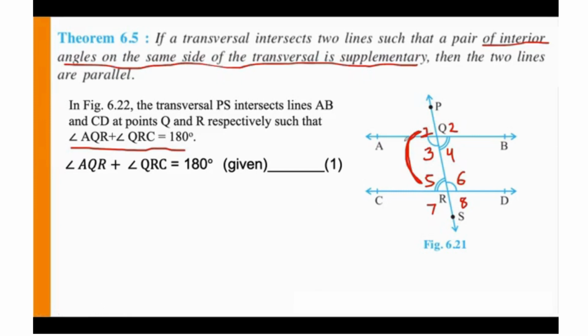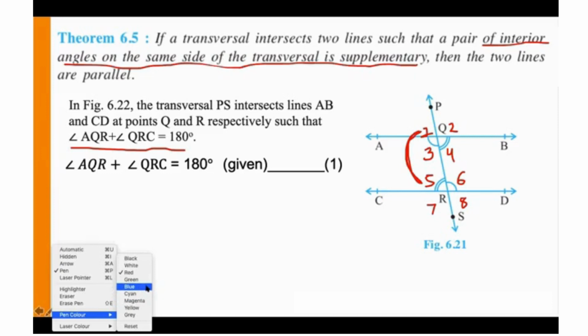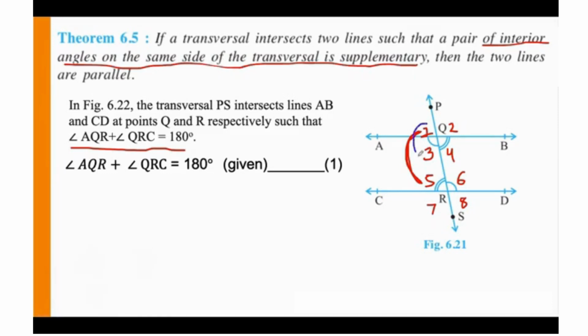For that, I'm going to use these two angles, because their addition is also 180 degrees, as they are a linear pair. Since the transversal is intersecting two lines, there is going to be a linear pair here.